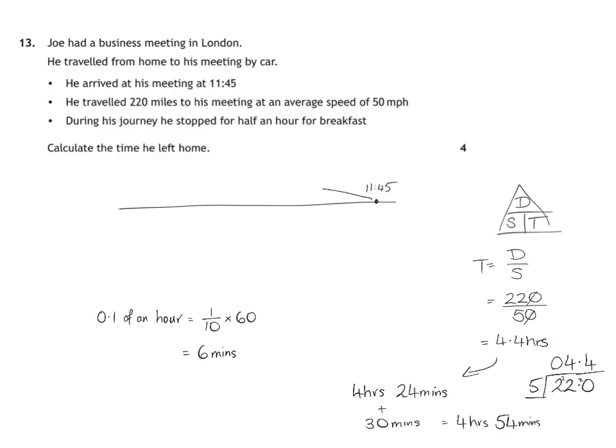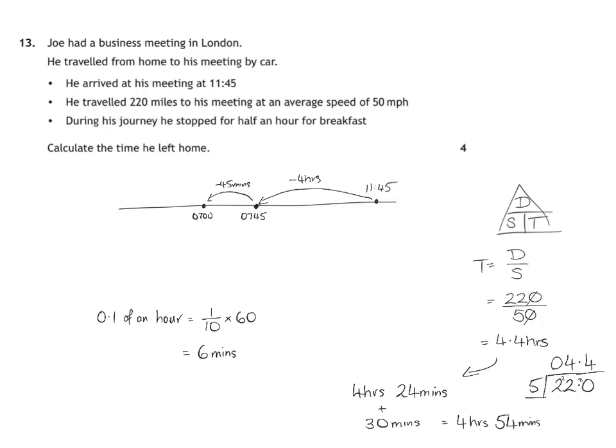So if I go back 4 hours, I am going to get myself to, so 11, 10, 9, 8, 7:45. And then from there I need to keep going back again, another 54 minutes. In this case, it makes as much sense to go to 7 o'clock first. So I've gone back 45 minutes.